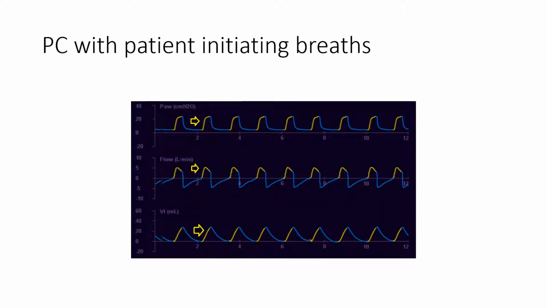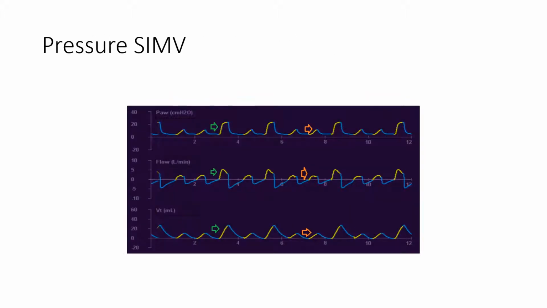Here's an example of pressure control waveforms. And again, notice my yellow arrows are showing these are all the patient initiating the breath and then the ventilator delivering the set pressure. This is an example of pressure SIMV, and you'll notice I have waves with the green arrow and then waves with the orange arrow.